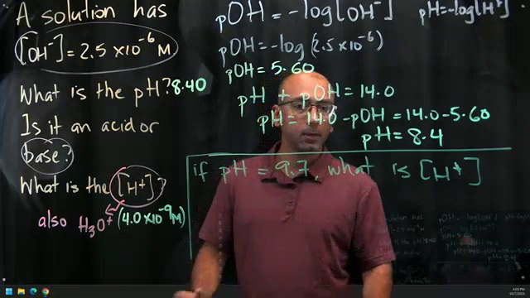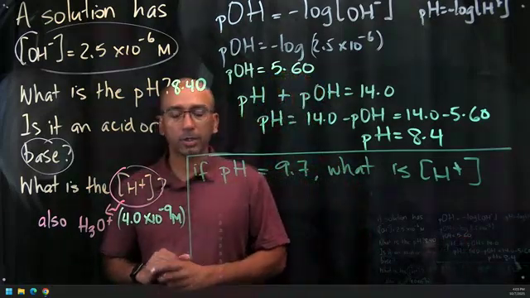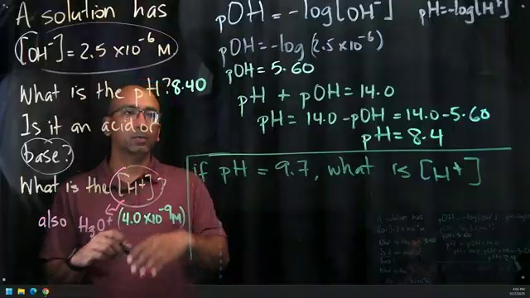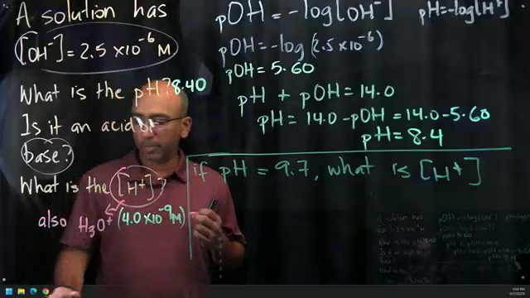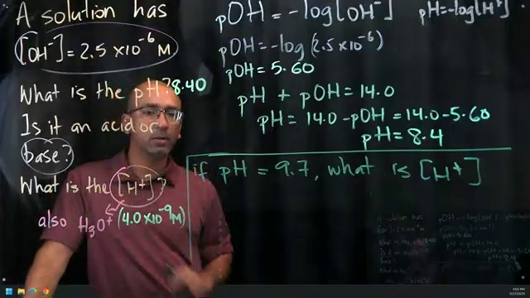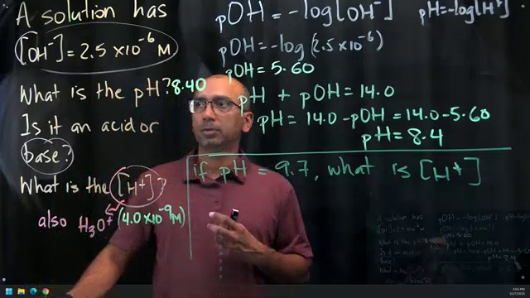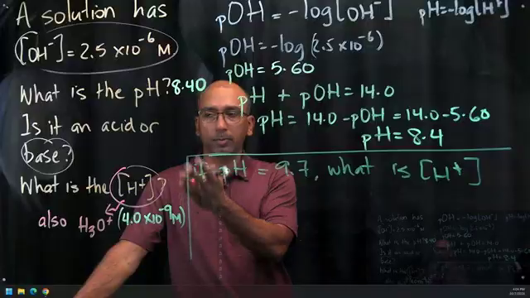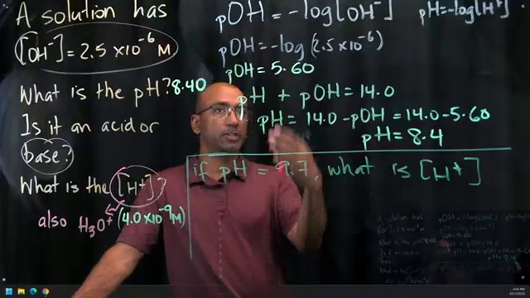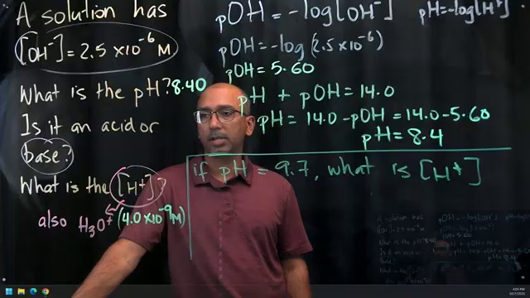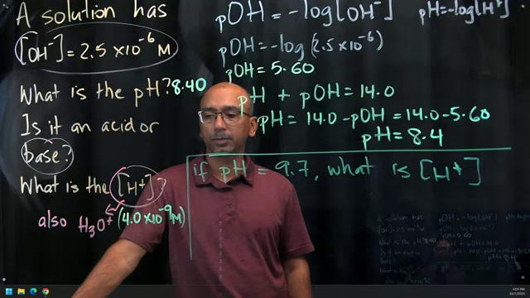Okay, so the last thing that we'll take a look at here is how we actually go in the other direction. Everything we've looked at so far, we're given the hydroxide concentration, so we're given the concentration of something, and we're able to use that to determine the pH, determine whether it's an acid or a base. We looked at a slightly different way of approaching the same problem to determine the pH of the solution.